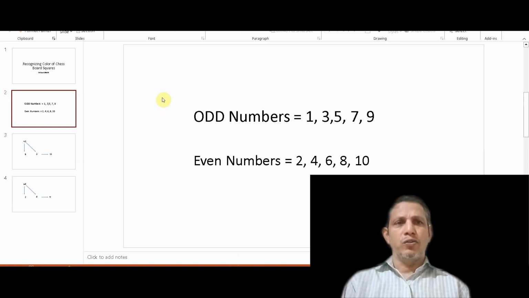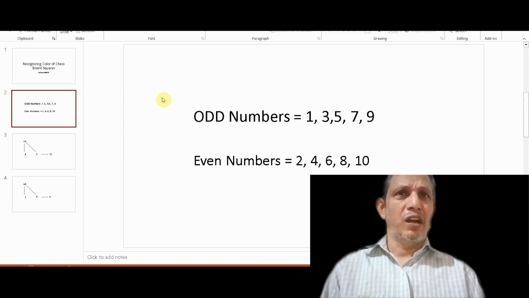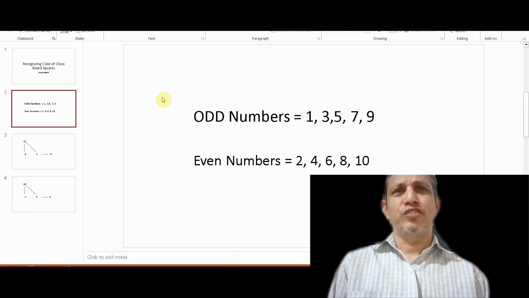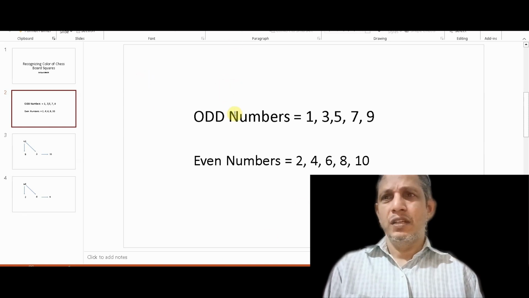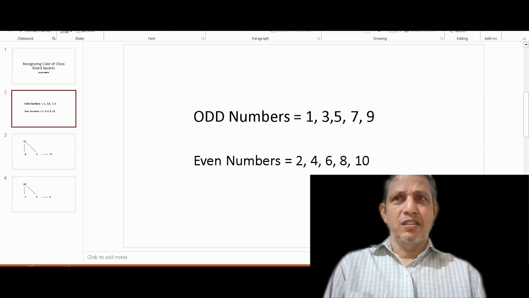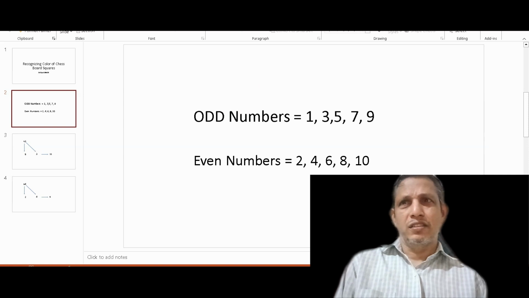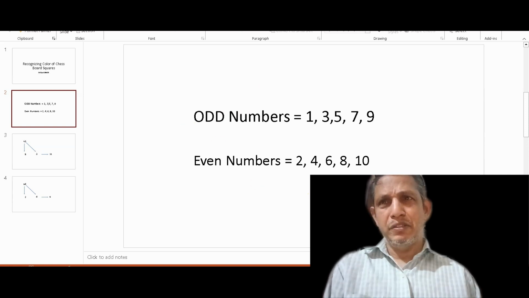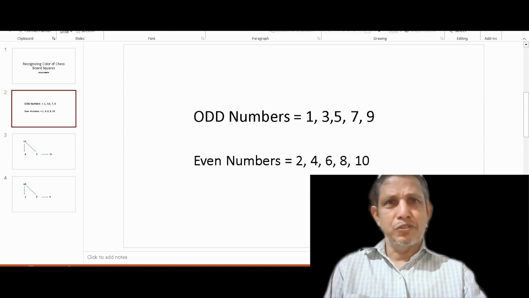You don't have to remember large numbers. Maximum it will be 16, so you have to remember even or odd numbers up to 16. That is a very basic thing about even and odd numbers. Just remember that we are using this to recognize the square.